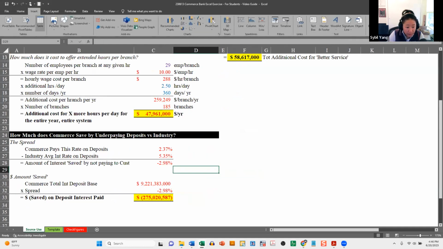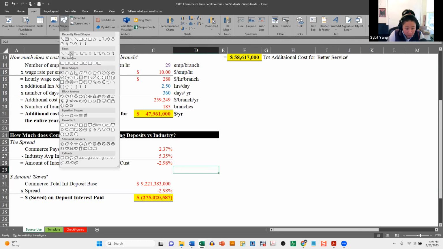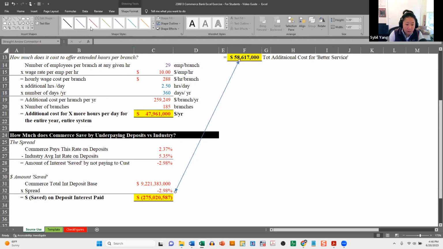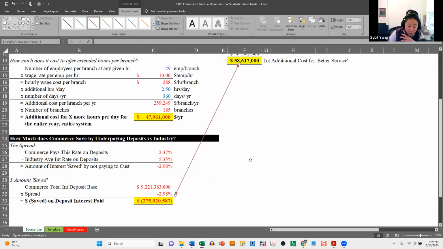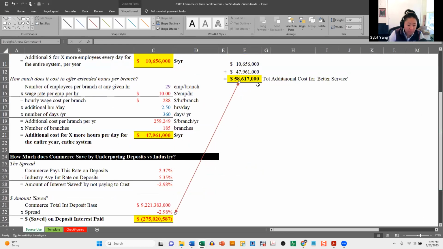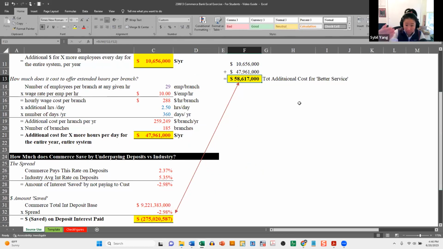Now, compare these two numbers, right? Commerce's service design is to provide better service, which costs them $58.6 million. And they fund it by not paying nearly as much interest as the industry does on consumer deposits, right?